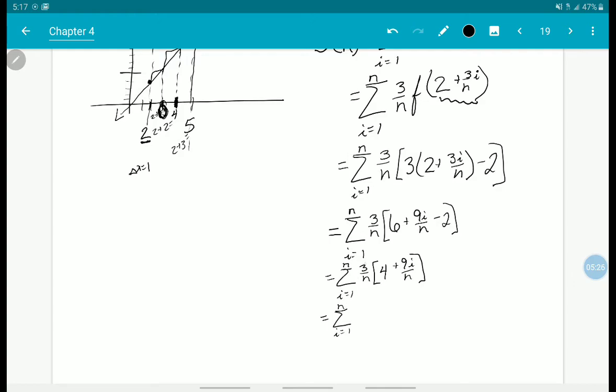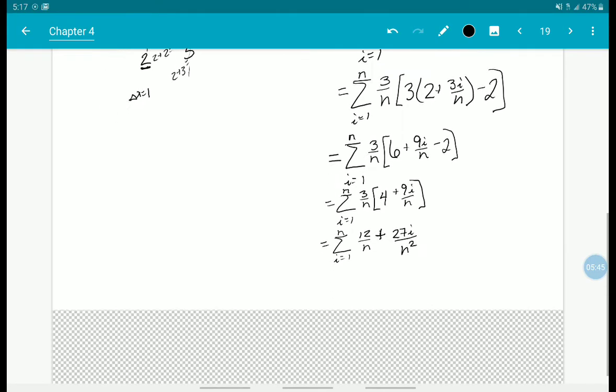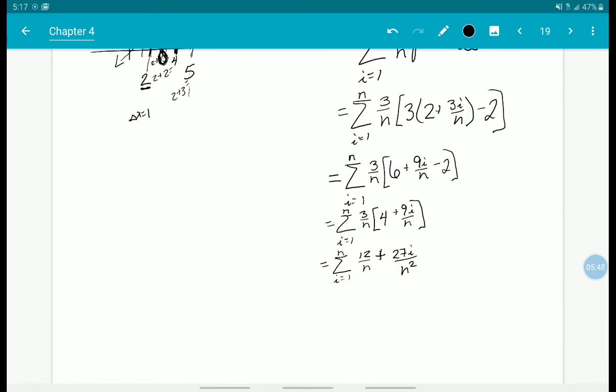If we were to distribute that, we're going to have 12 over n plus 27i over n squared. So we could write it this way.